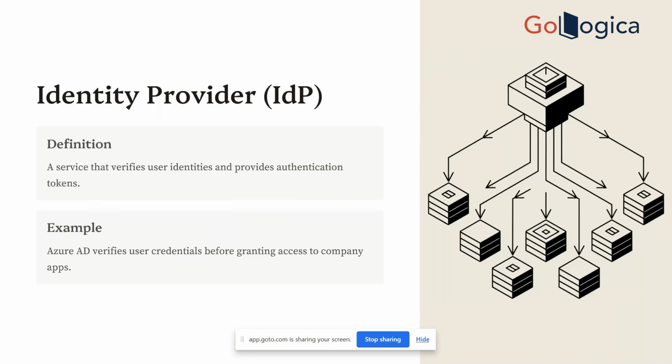Like your Azure AD verifies. So Azure AD verifies user credentials before granting access to the company app. Like if one of the users is onboarding in my organization, somewhere I need to put all of the users in some place.